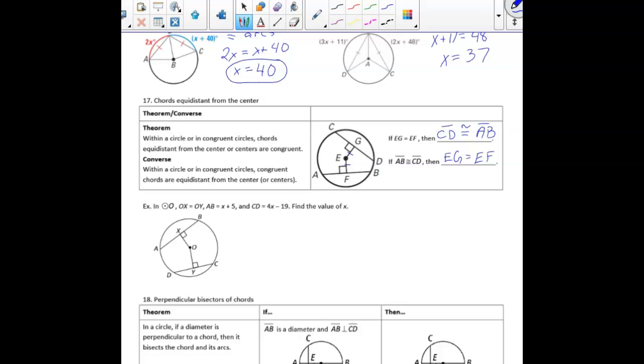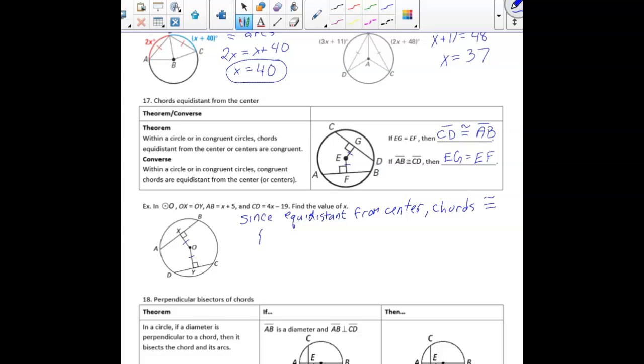So for example, we have that these two segments are congruent. Since they're equal distance from the center, the chords are congruent.